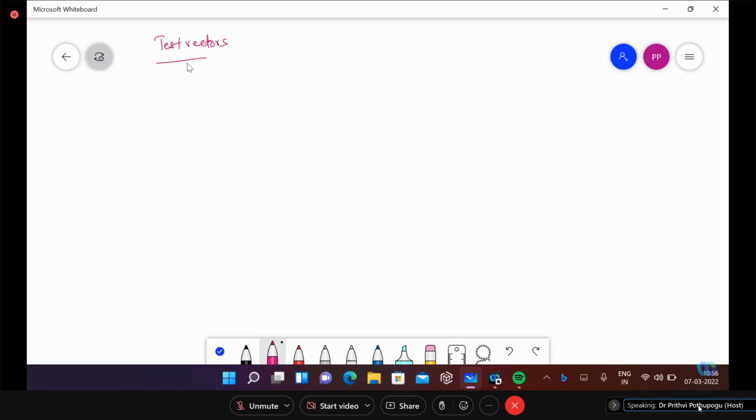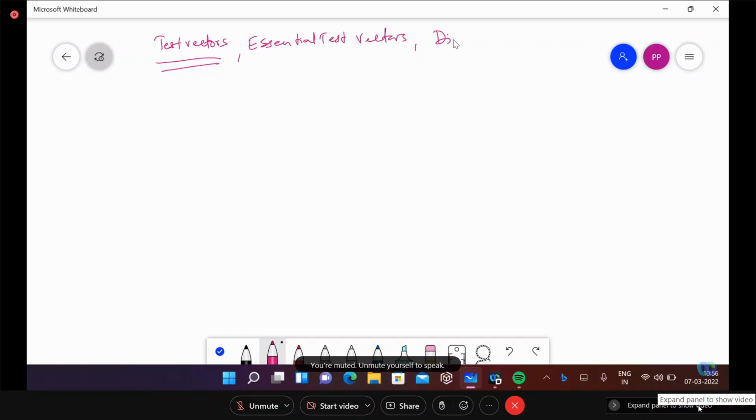Remember these terms now? Test vectors, essential test vectors, dictionary. Hope you are able to recollect those things now.